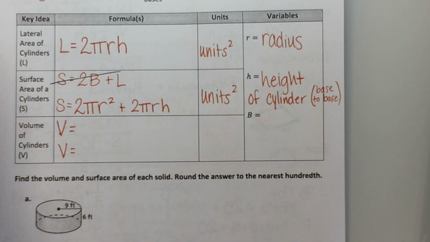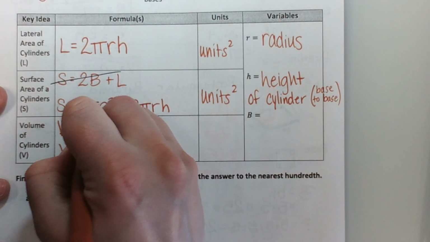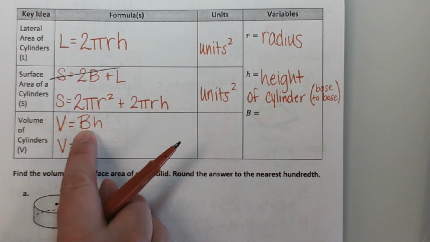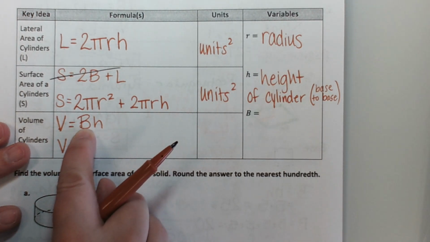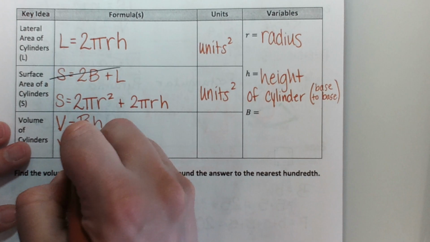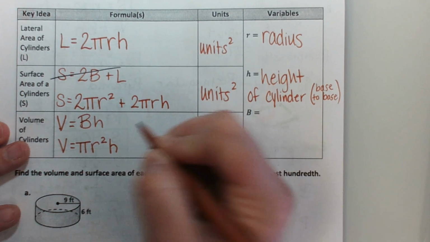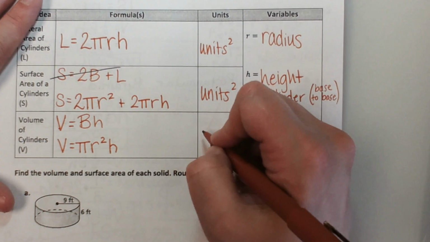Now, as a result, that means one of the formulas for volume could be the exact same as that of a prism, base times height. But didn't we already establish the base is always the same shape? So instead of doing base area, it makes a lot more sense just to say the base area is a circle area, which is pi r squared, and it gets multiplied by h.